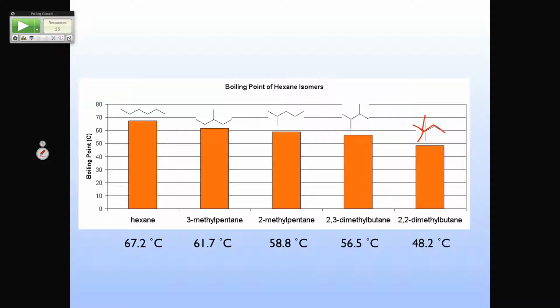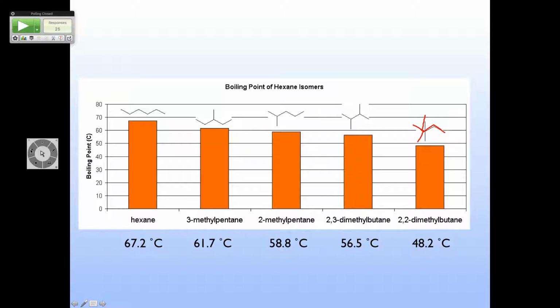As you increase your chain branching, the boiling point goes down. What I want you to be able to do is, if I gave you a list of them, put them in order. Who do you think is the most? Who is next? Who is the highest boiling point and who is the lowest? It's all by chain branching on these compounds.